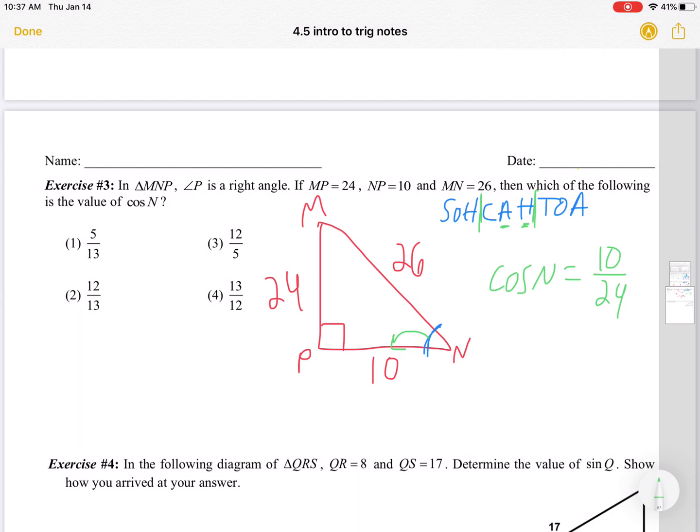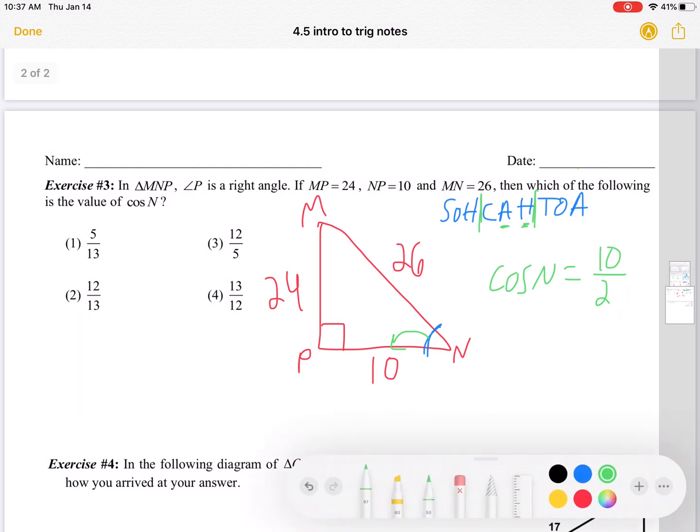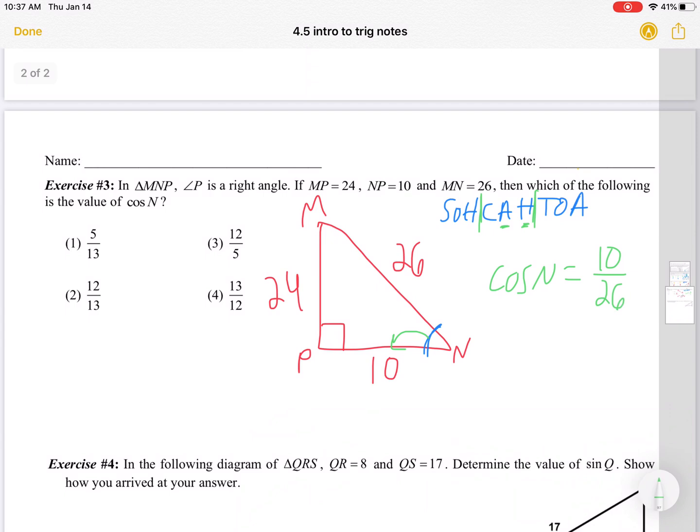Wait a minute, 26 is my hypotenuse. I apologize. The side adjacent to N is 10. The hypotenuse is 26. Now 10 over 26 is not an option, but 5 over 13 is. That's 10 over 26 simplified, so we have choice 1. So if the question isn't multiple choice, you don't have to simplify the fraction, but if it is, you might have to.